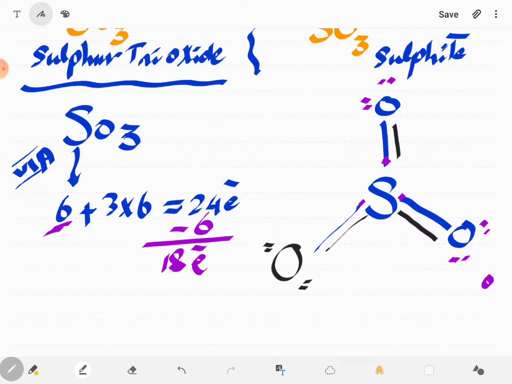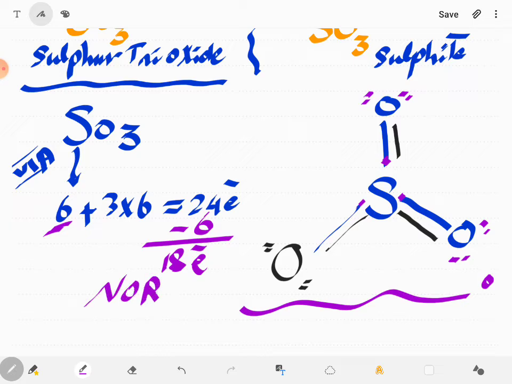So this is the most stable structure for sulfur trioxide, and hence it has no resonance. Why no resonance? Because it's all the same. If I change it like this, right or left, it will be the same.